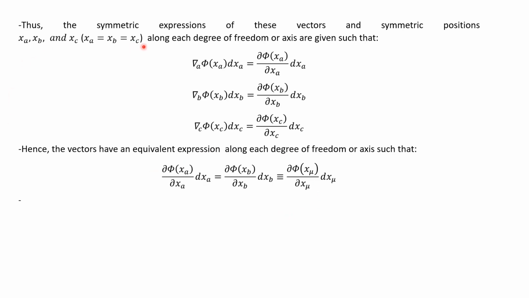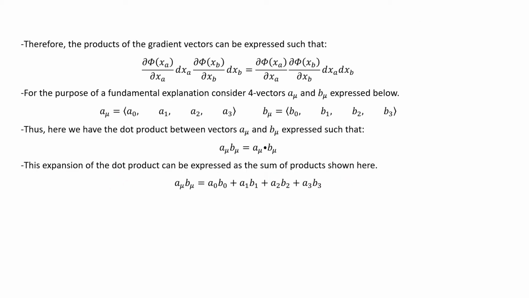Thus, the symmetric expressions of these vectors and symmetric positions along each degree of freedom or axis are given such that, as we see here. Hence the vectors have an equivalent expression along each degree of freedom or axis such that, as we see here. Therefore, the product of gradient vectors can be expressed such that, as we see here.